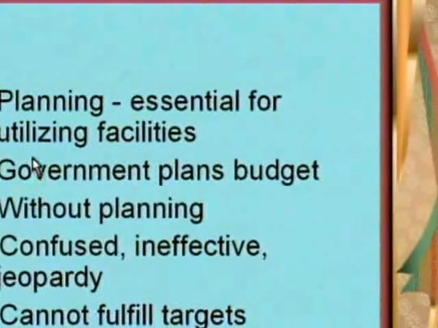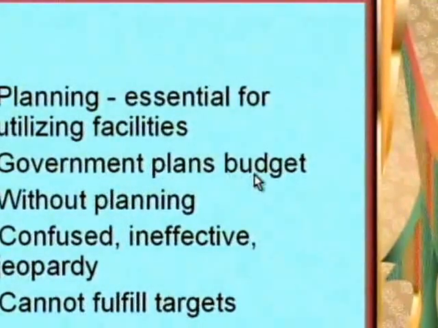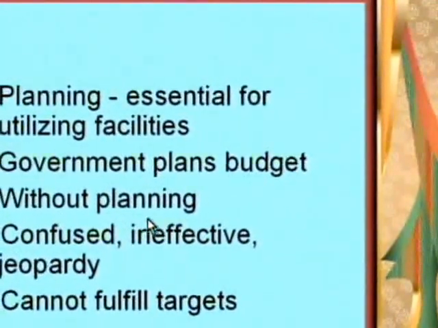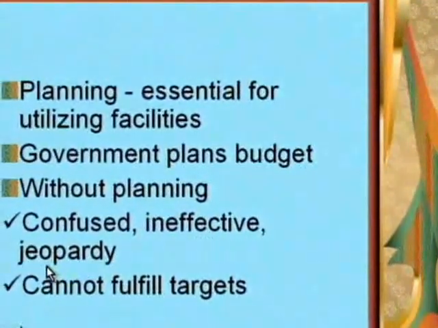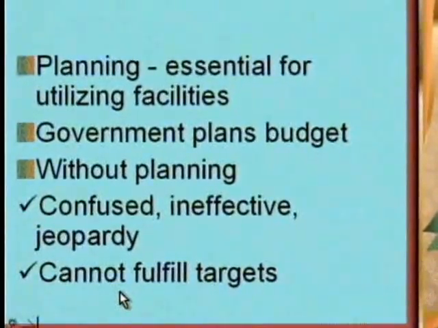Planning is essential for utilizing facilities. Government plans its budget. Without planning, there will be confusion, ineffectiveness, and jeopardy in the company. So it will be ineffective in achieving the targets, and things will be in jeopardy. Without planning, we cannot fulfill the targets.